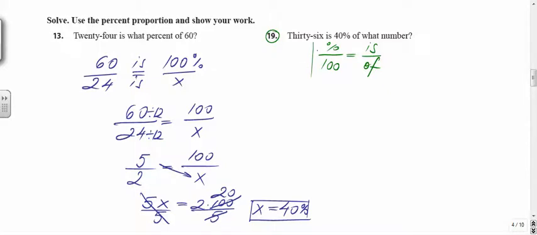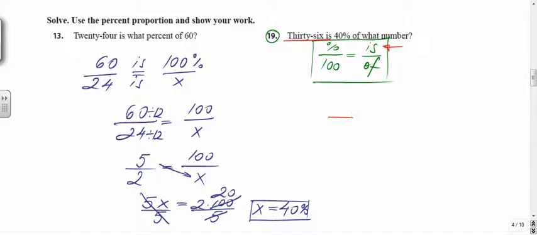And some of you will say, what the heck is this? Well, let's go back to the problem, okay? 36 is, right? Well, that will go right here where it says is.